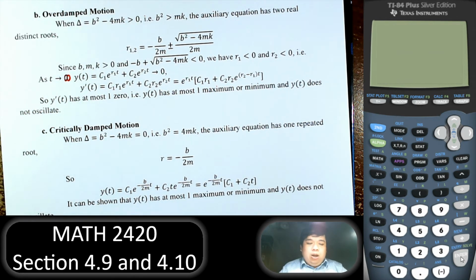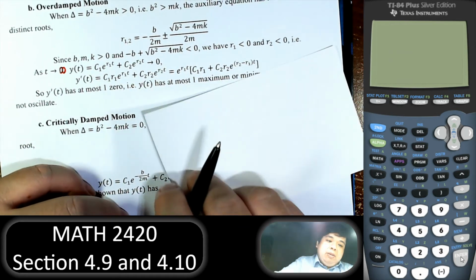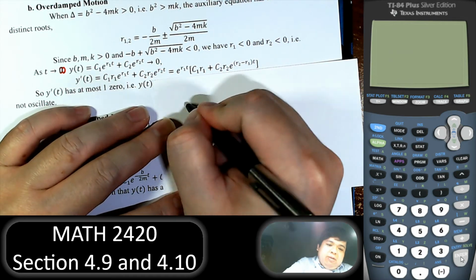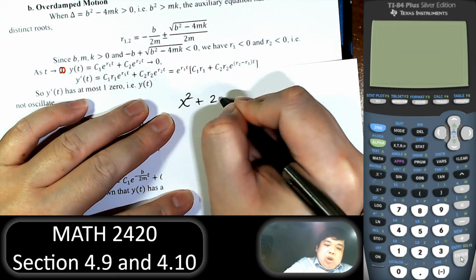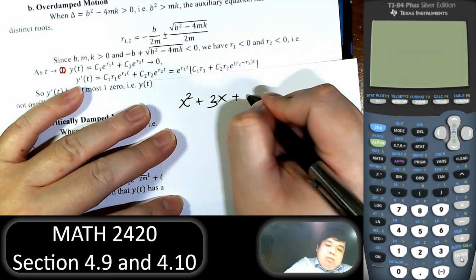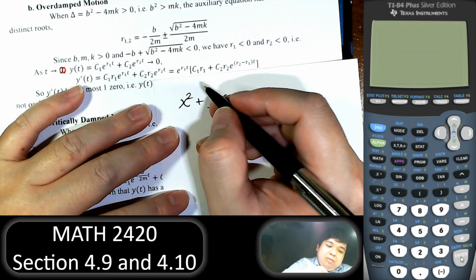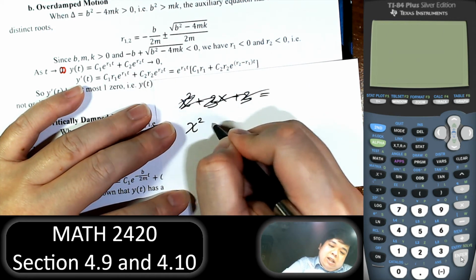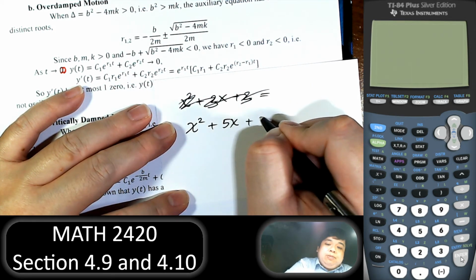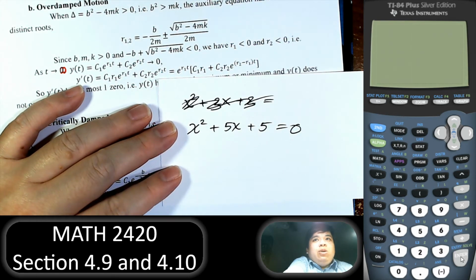Why are both of the roots negative? If you have x squared plus 3x plus 2, think about this. x has to be negative for it to work, right?